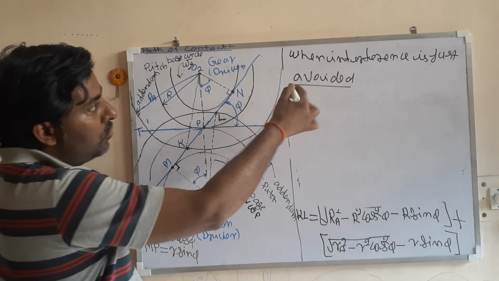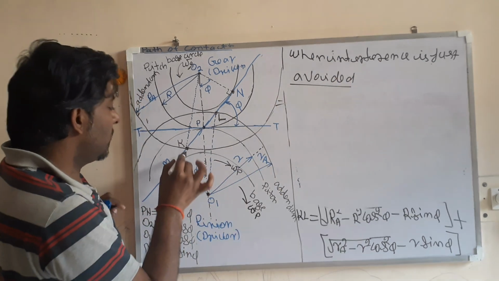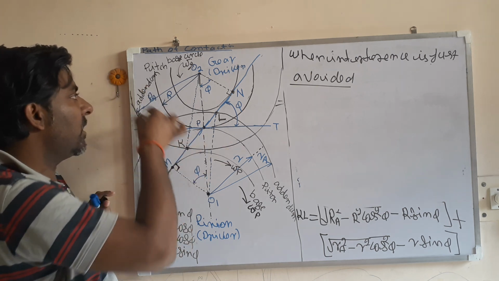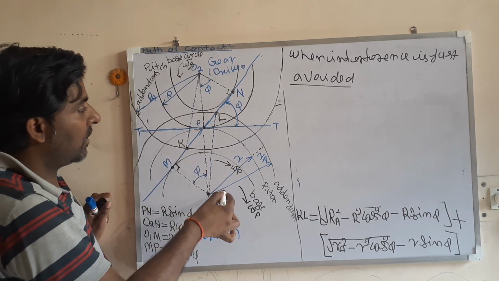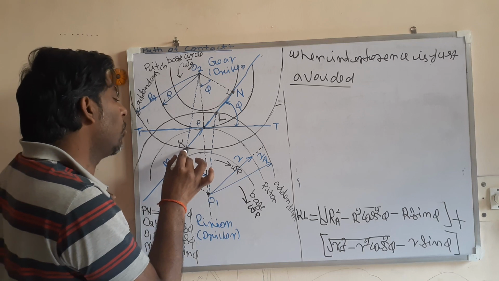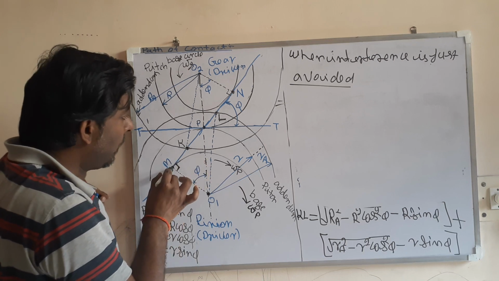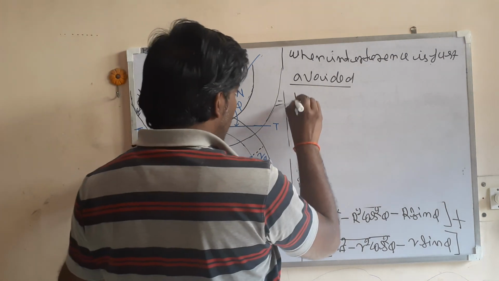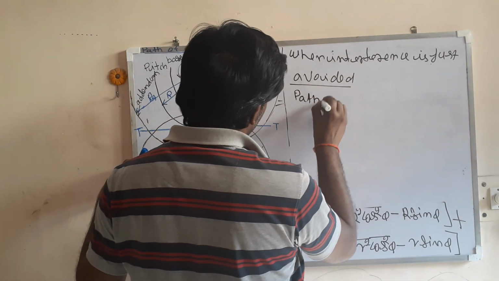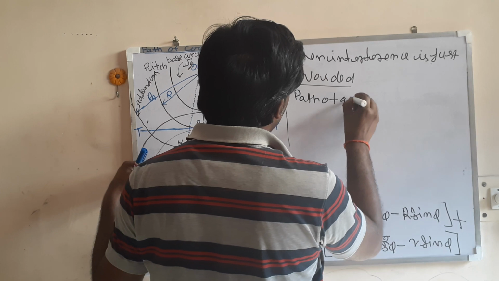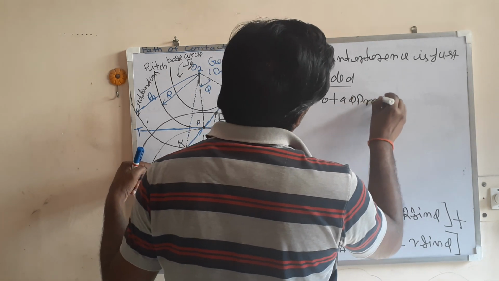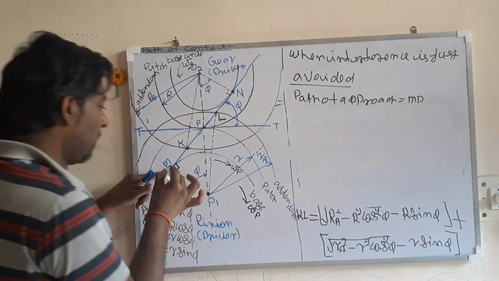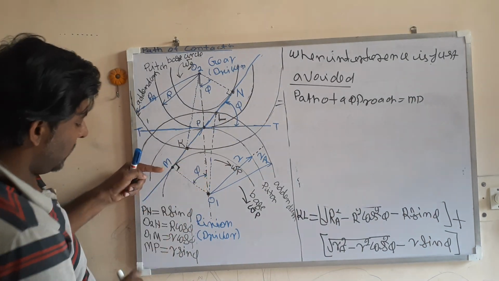So to just avoid the interference, this start of engagement can be here. When you are increasing the addendum circle radius of the gear, you are increasing it for the pinion. So this point can go up to the point M. Then the path of approach will be MP. Look here, what is MP?